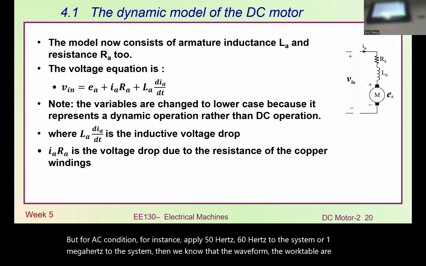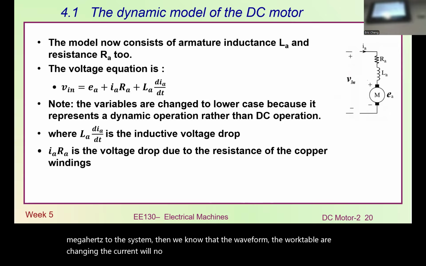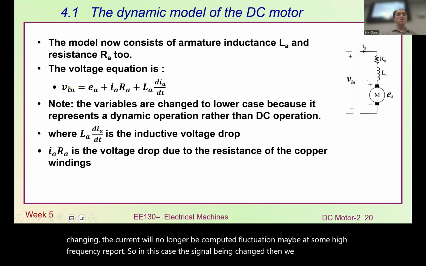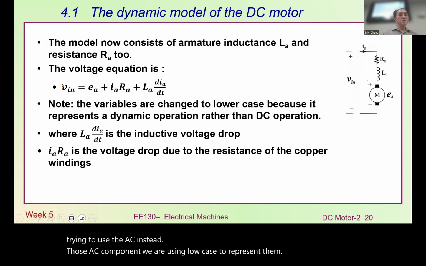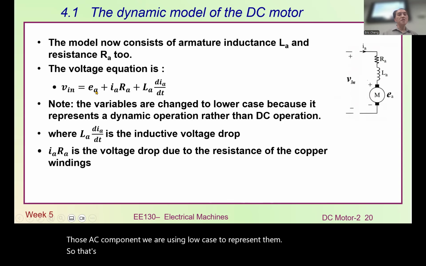The current will no longer be pure DC and could have some fluctuation, maybe some high frequency ripple. So when signals are changing, we use AC components, which we represent with lowercase. That's why here we use lowercase.